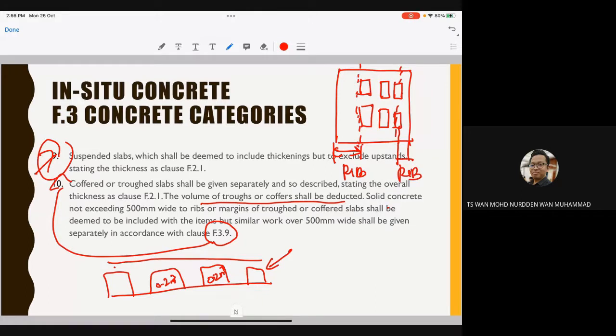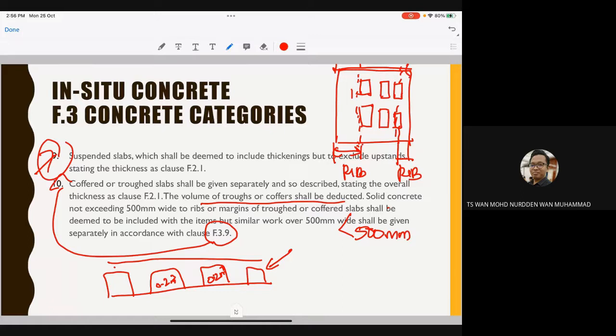Kalau tak lebih, okay. Solid concrete not exceeding 500 mm wide to rib or margin. Tak melebihi lah, should be less than 500 mm. So ini boleh combine all together, ambil daripada sini sampai ujung.